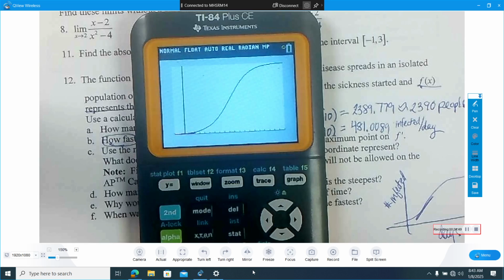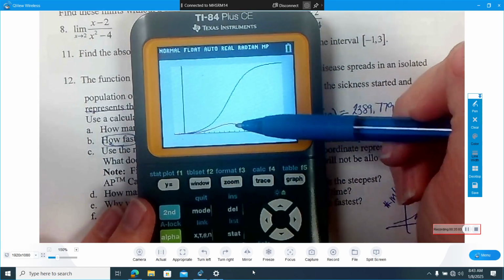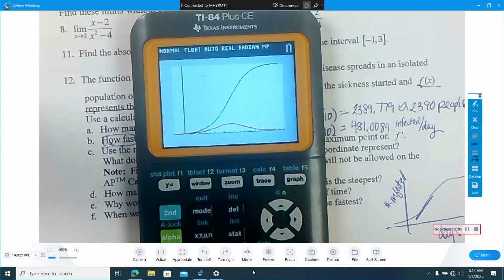Let's see how it corresponds to our original curve then. Right? Because it's literally calculating slopes between a pair of points on the curve. All right, so let's look at how that corresponds. It looks like here's the max.